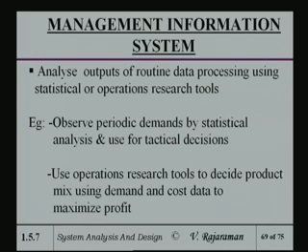In other words, they are the ones which lead to profit in the organization, and decision support systems are used by top management for strategic decision making. So, the operational information comes from routine data processing, tactical information comes from MIS or management information systems, and strategic information comes from decision support systems.